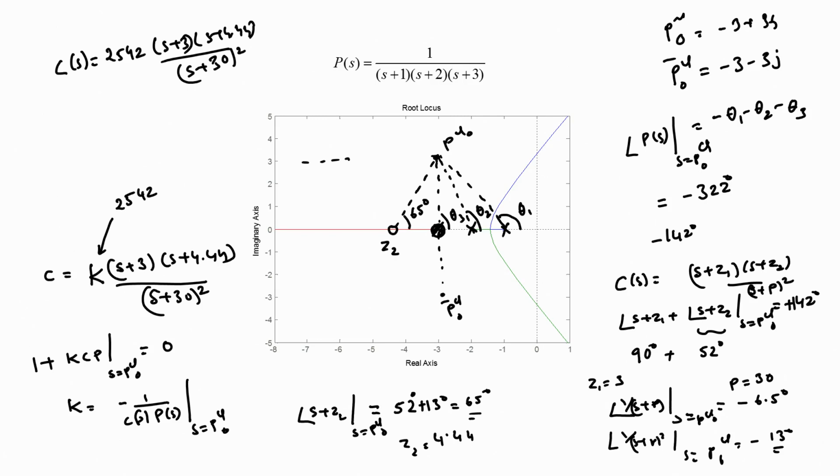Now this controller not only ensures that the root locus passes through PCL naught, but actually makes sure that one pair of closed loop poles would be located at PCL naught and PCL naught bar. There will be other closed loop poles on other branches of the root locus.